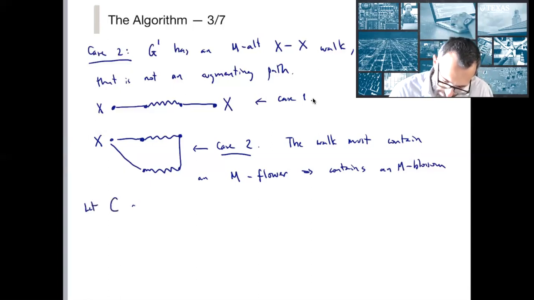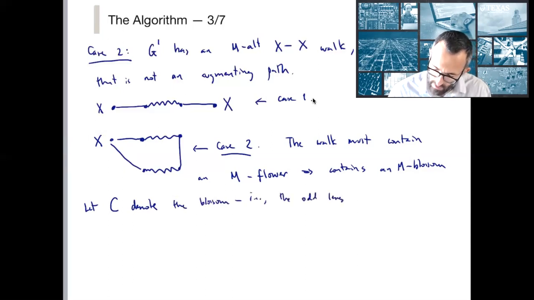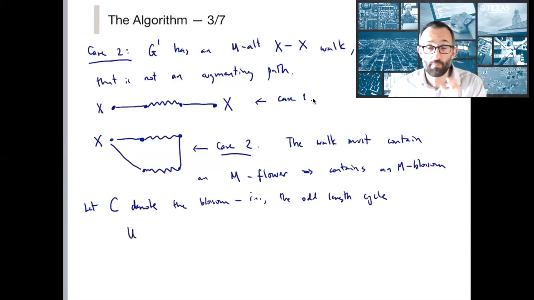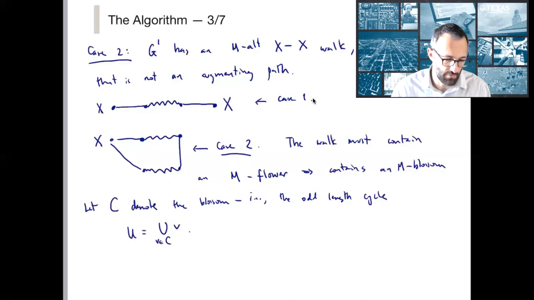Let C denote the blossom, i.e. the odd length cycle. And now let U be the nodes in the blossom. In other words, U is just V in C of V.